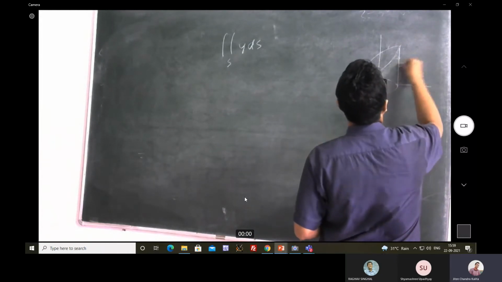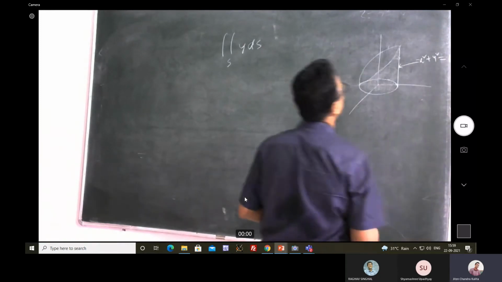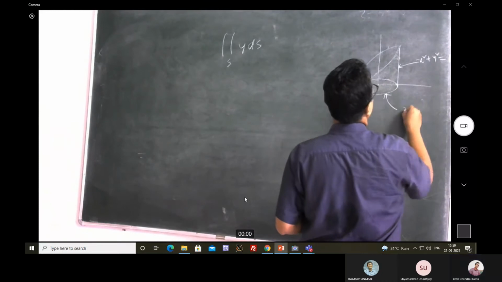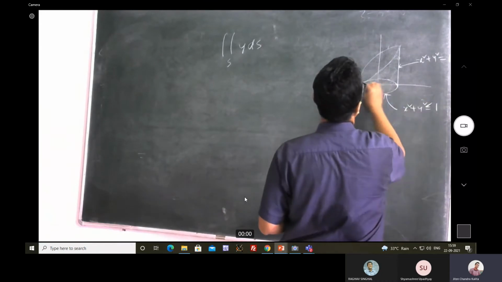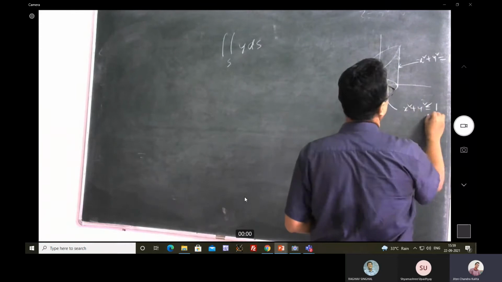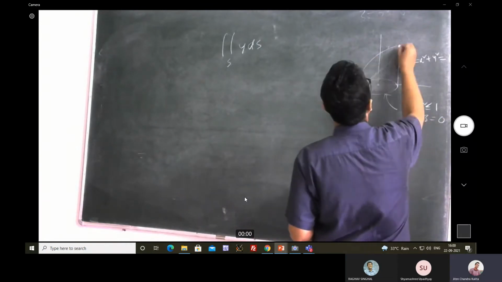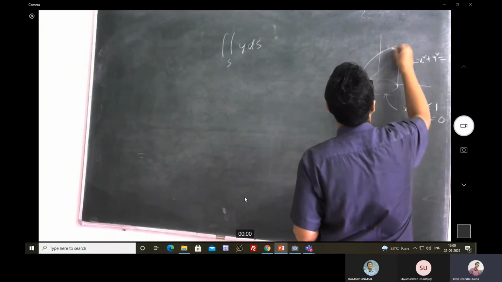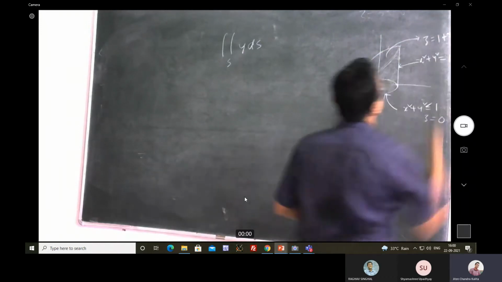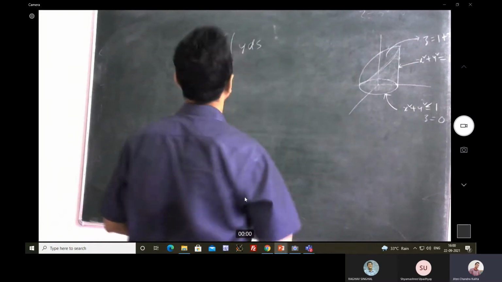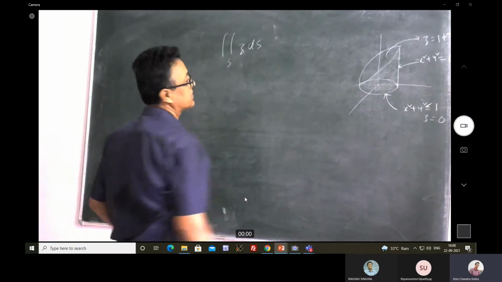One is this, x squared plus y squared equal to 1. Of course, this one is x squared plus y squared less than or equal to 1 if you consider this surface, z equal to 0. And this one is the plane, given by z equal to 1 plus x. Okay, and we have to evaluate this integral.